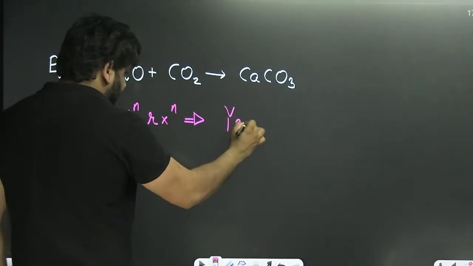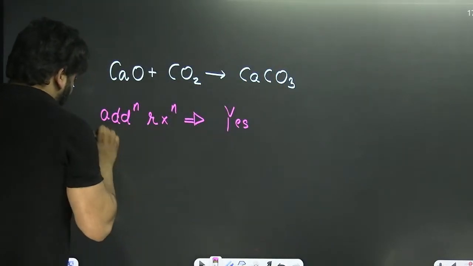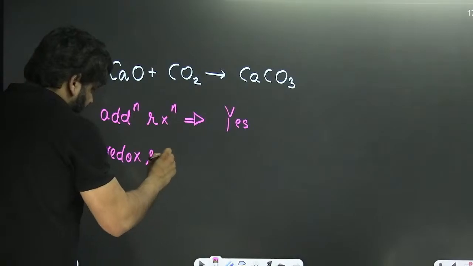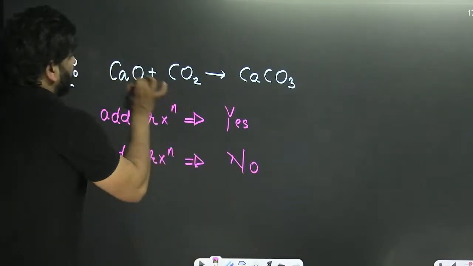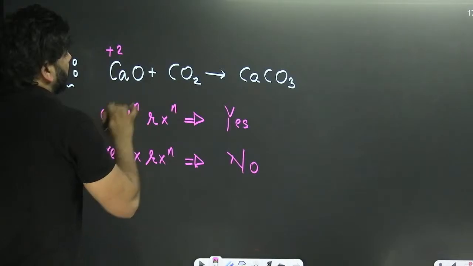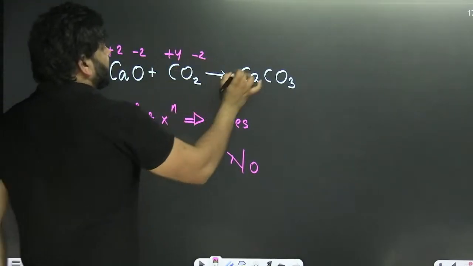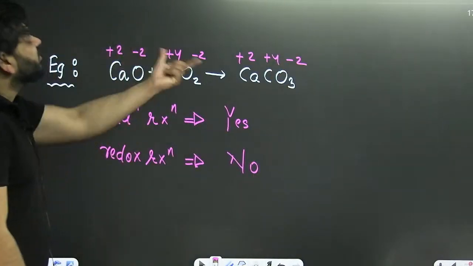You will say yes, because two species are added giving one single species. I'm asking you whether the given reaction is a redox reaction or not. The answer will be no. Why? Because calcium is +2, carbon is +4 and oxygen is -2. It is going to calcium +2, carbon +4, oxygen -2. None of the oxidation states is changed.